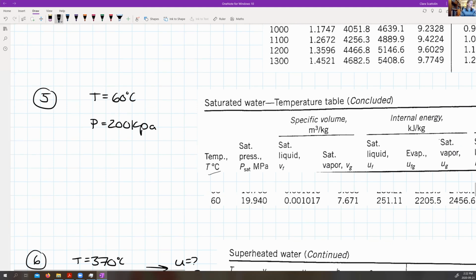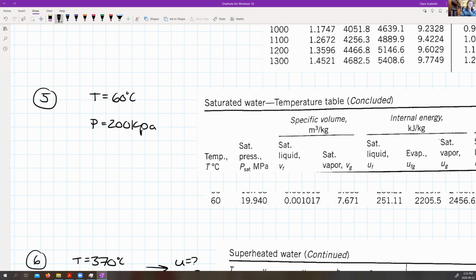Next question here, I have temperature and pressure. Which is a little bit unusual because as we saw earlier, temperature and pressure are not independent of each other. They're very, very closely linked. But I have my temperature, and if I look at my pressure, oh, it's because the units are backwards here.